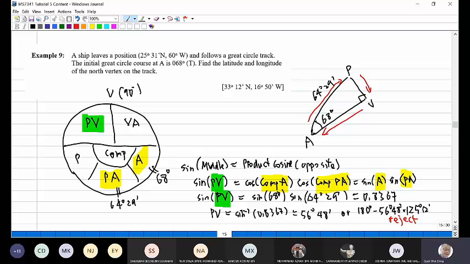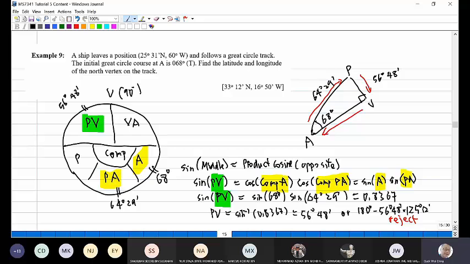This is actually PV here, 56 degrees, 48 minutes.